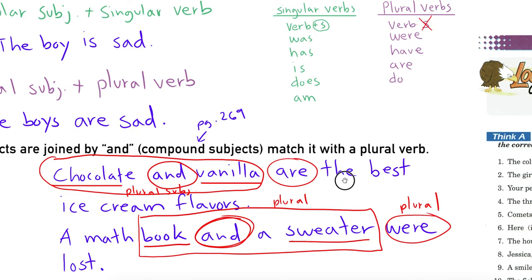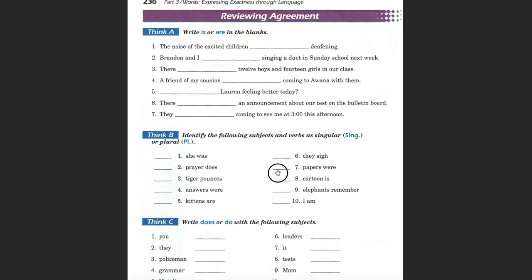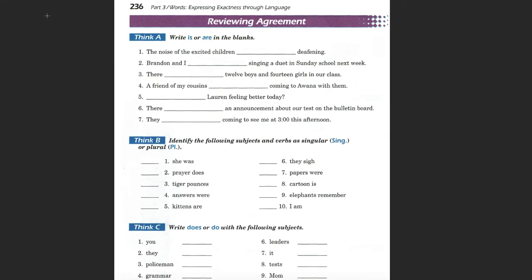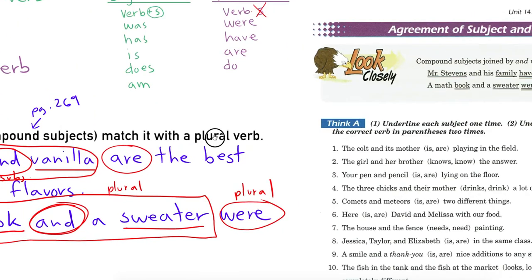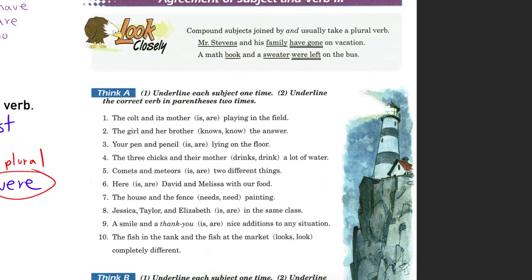Let's go over your assignment. Think A: underline each subject one time, and underline the correct verb in parentheses two times.